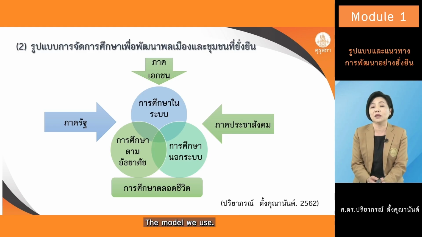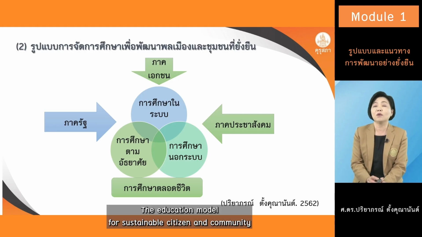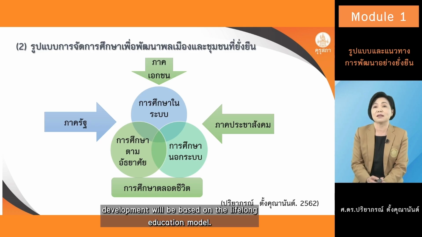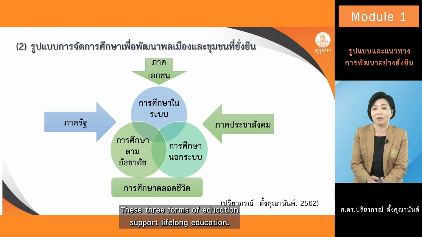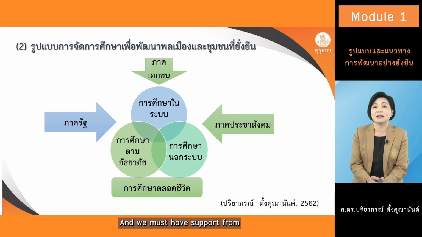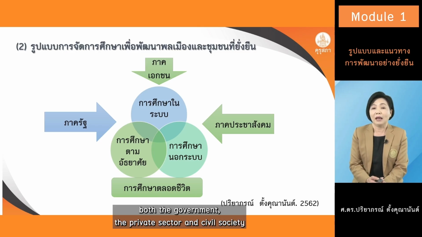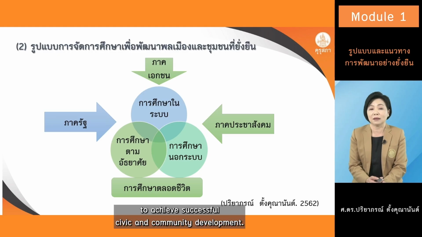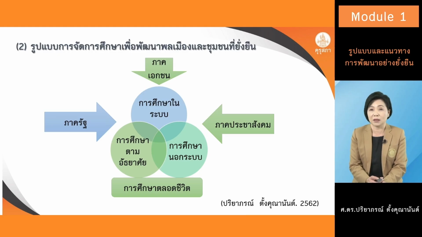The model we use, the education model for sustainable citizen and community development, will be based on the lifelong education model. These 3 forms of education support lifelong education, and we must have support from the government, the private sector, and civil society to achieve successful civic and community development.